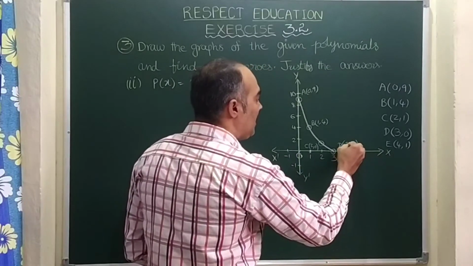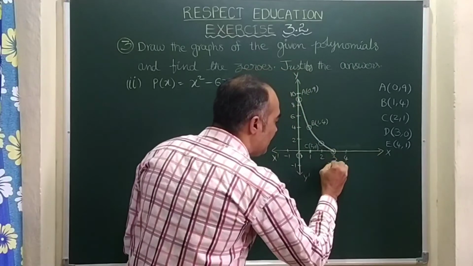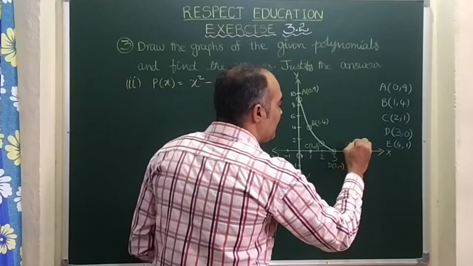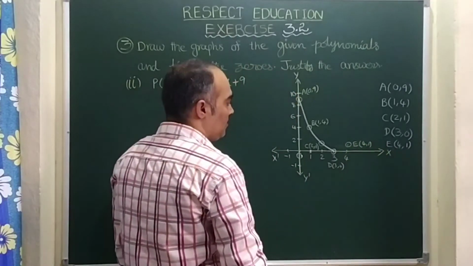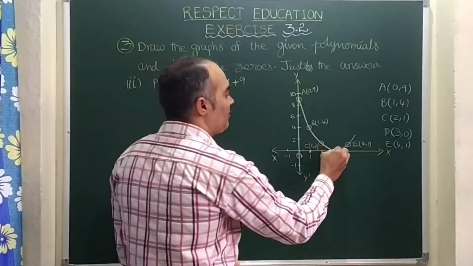At 4 I should take 1. For our convenience I am rubbing this point. Here I am writing D (3, 0). Here E (4, 1). So this graph is like this. Clear?